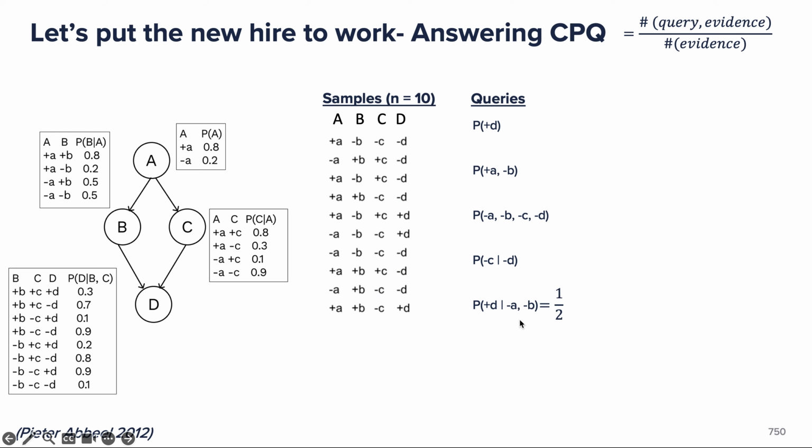And the last one, you can do the same thing: plus D given minus A minus B will only exist in these two columns, and there is only one case out of those two that actually has a plus D value.